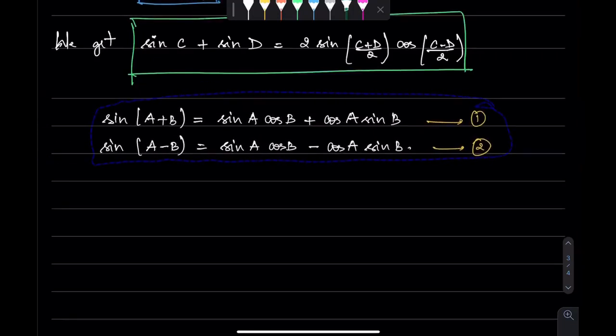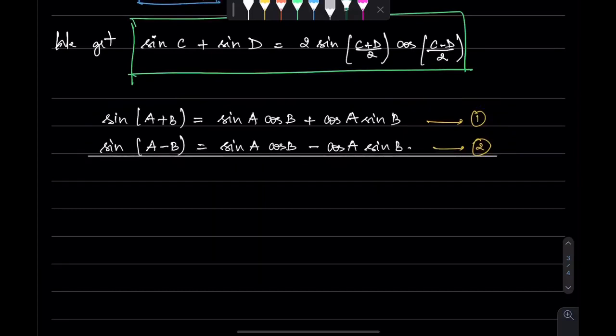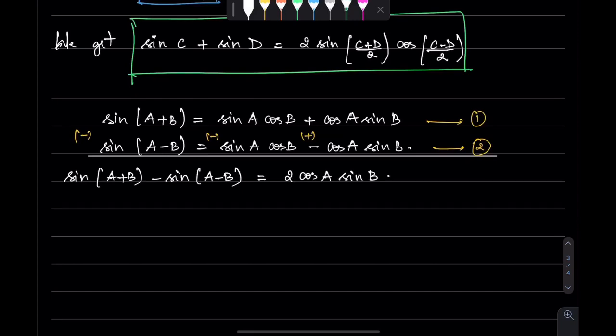So what do I have if I subtract these 2? I get sine A plus B minus sine A minus B is equal to, very good, 2 cos A sine B. Fantastic.